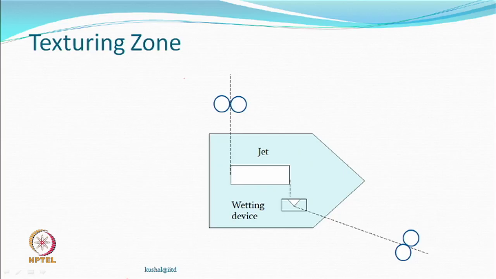So, that kind of thing will be produced. And of course, all of them should be stabilized mechanically and then heat stabilized. So, the texturing zone, which is the heart of the machine, looks like a black box.